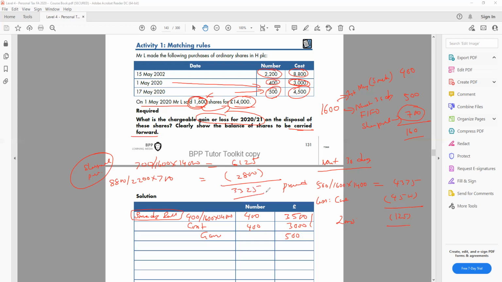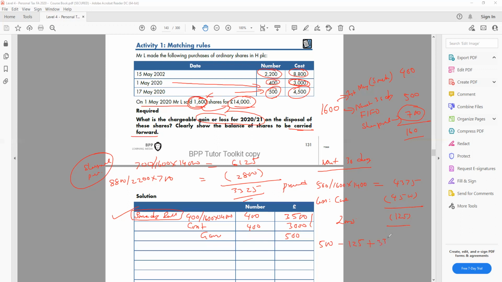3,325. Now if you see that the first one on the same day rules, I have a gain of 500. So I said 500. The next one I have a loss of 125. So minus the loss 125, plus we have the gain from the matching rules, that was for the share pool, that is 3,325.